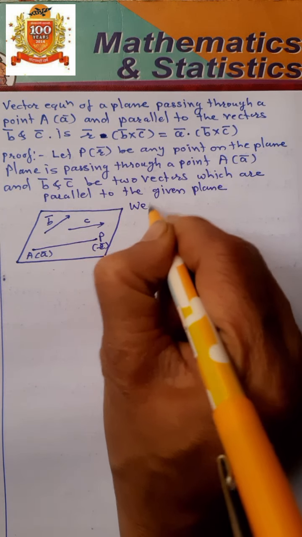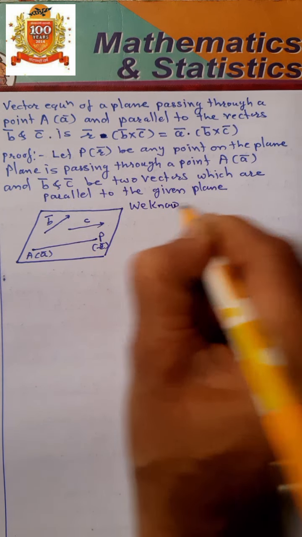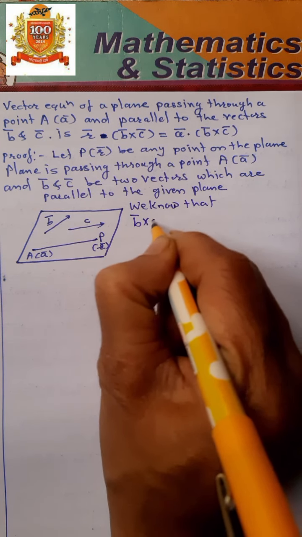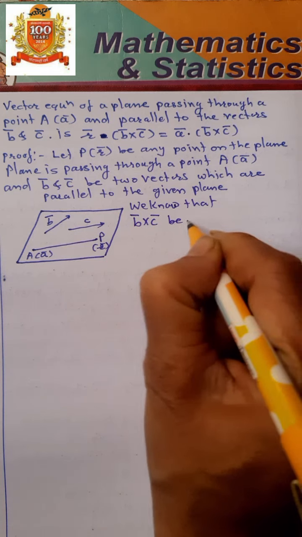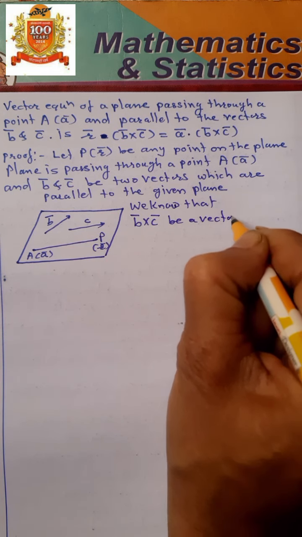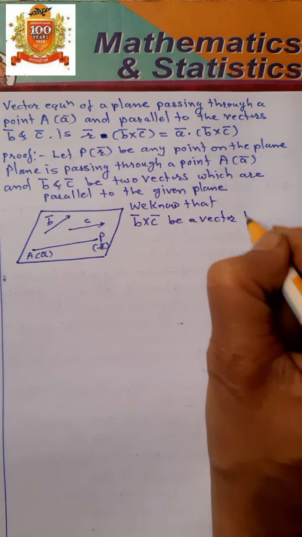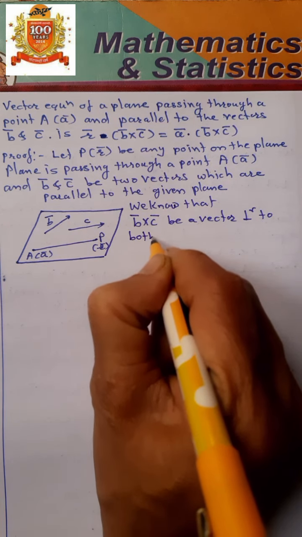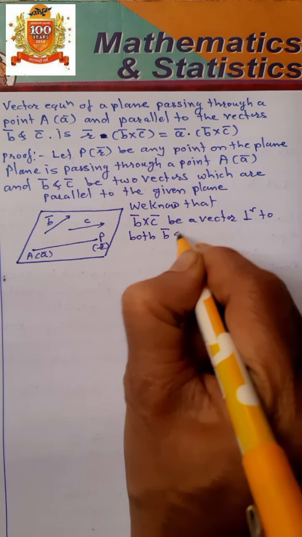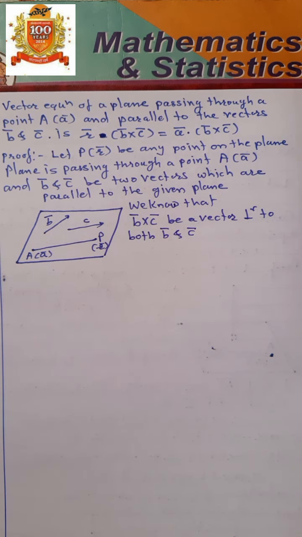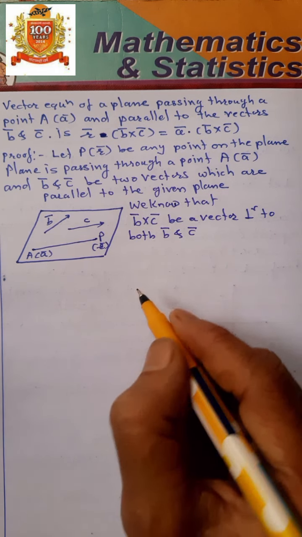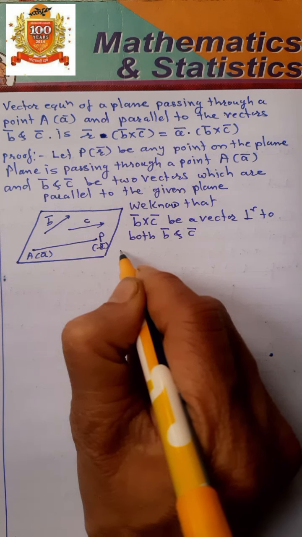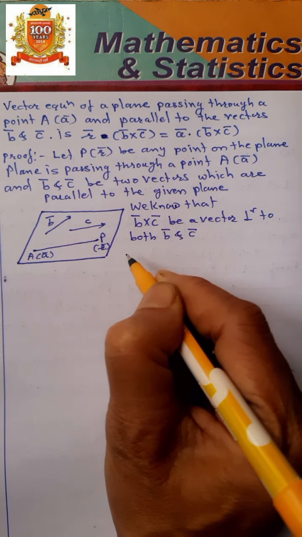We know that B bar cross C bar is a vector perpendicular to both B bar and C bar. Isn't it?